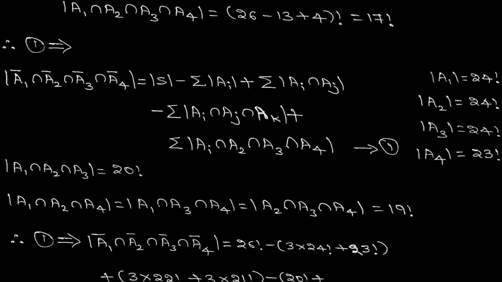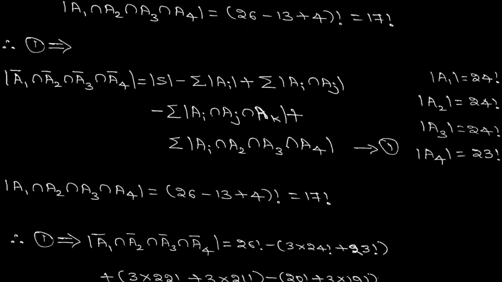Now the very last thing, this possibility whose answer is just 17 factorial, here in the end. This completes the solution. If you go for further calculation, it will give a huge integer, so we'll stop here.